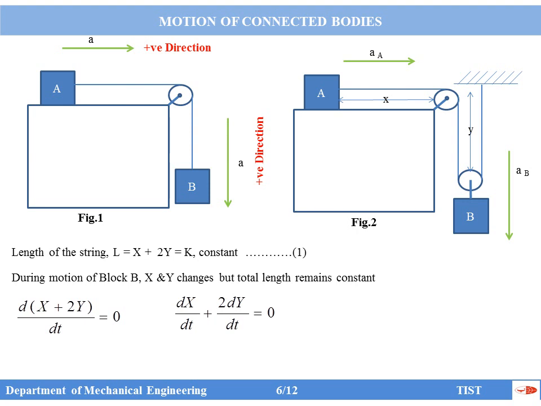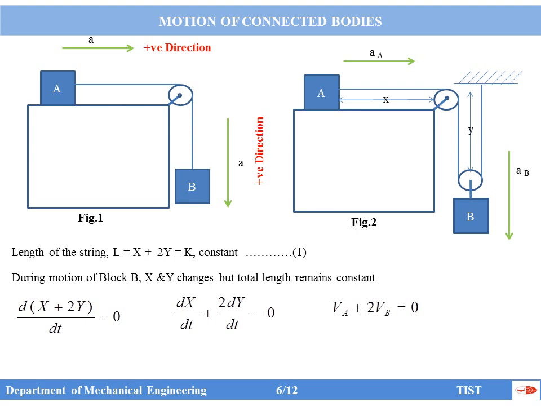Dx by dt is actually the velocity of block A, right? X is the displacement of block A from a fixed frame, and y is the displacement of block B from a fixed frame, right? So dx by dt is VA, and dy by dt is VB.